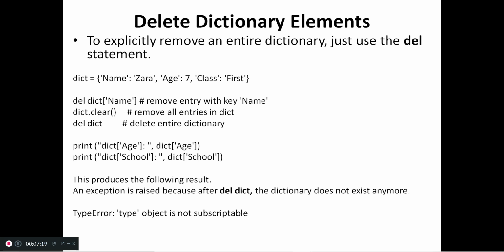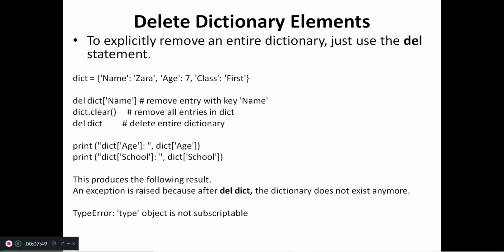To explicitly remove an entire dictionary, just use the del statement. del dict name removes the entry with key name. dict dot clear removes all entries in the dictionary. del dict deletes the entire dictionary. This produces the following result. So these are the deleting functions.